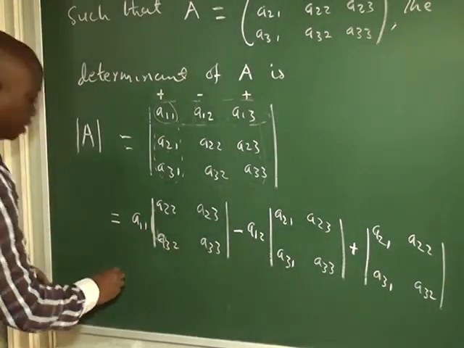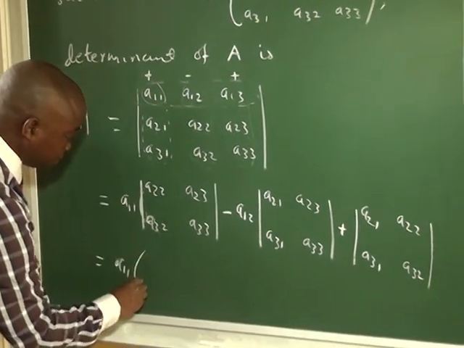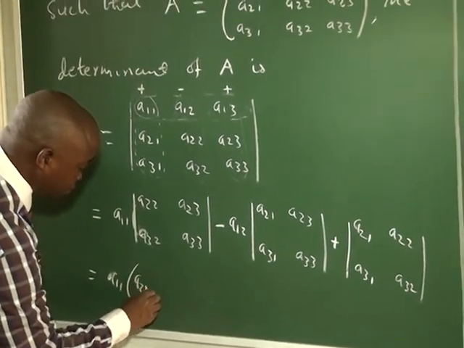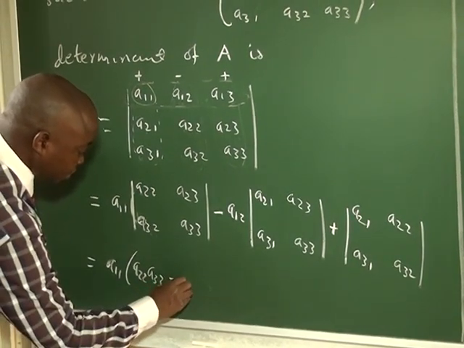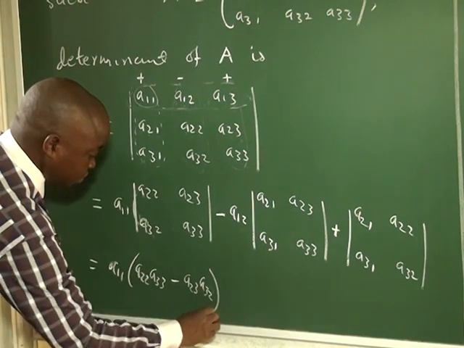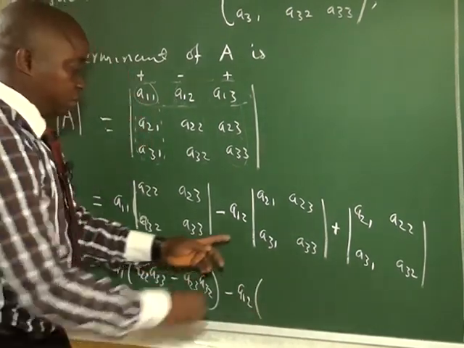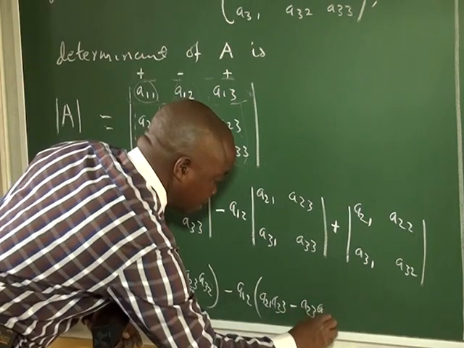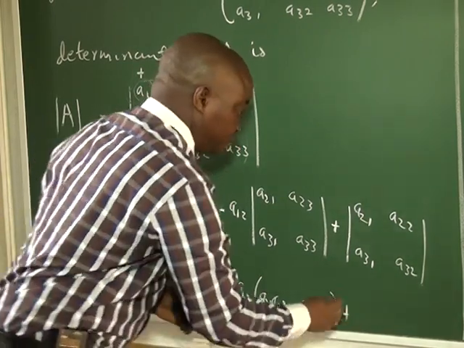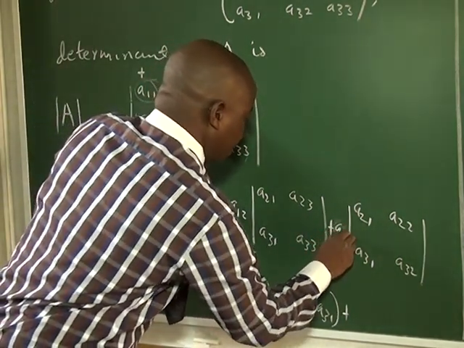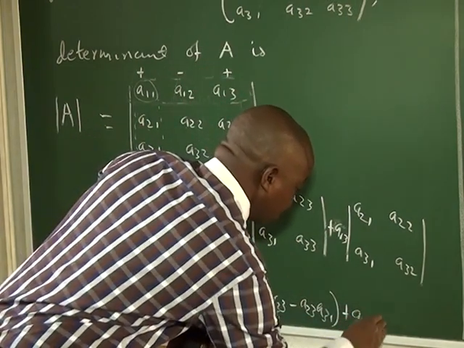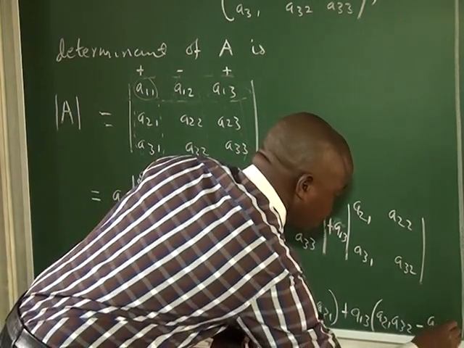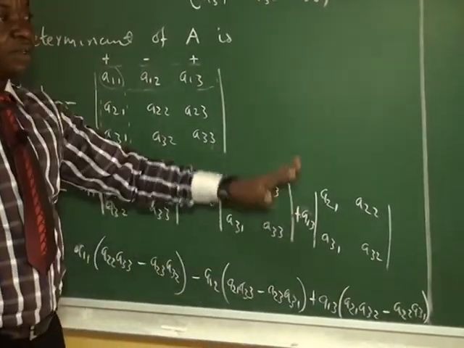So now the determinant becomes A11 times A22, A33 minus A23, A32, minus A12 times A21, A33 minus A23, A31, plus A13 times A21, A32 minus A22, A31. So this is how we evaluate a 3 by 3.